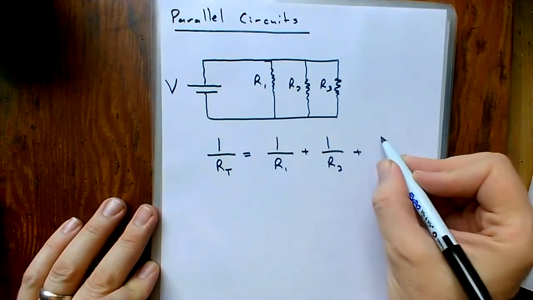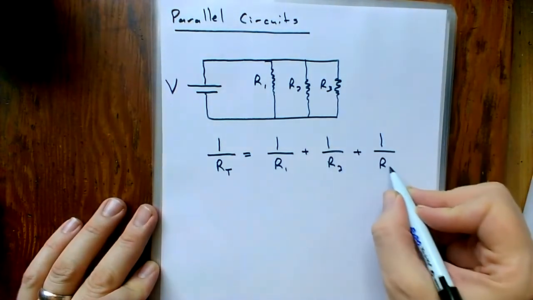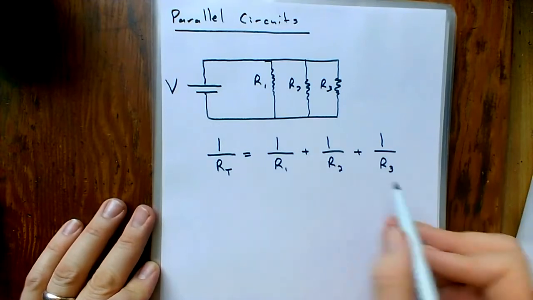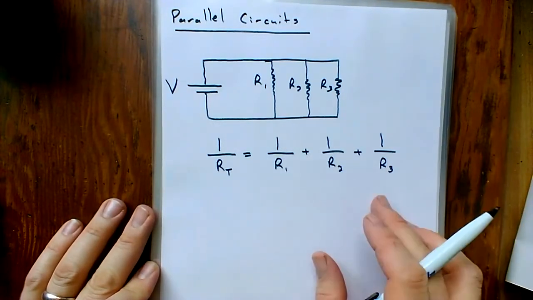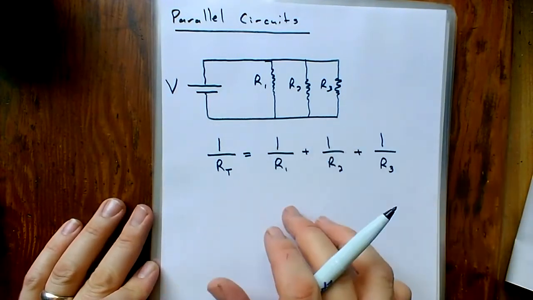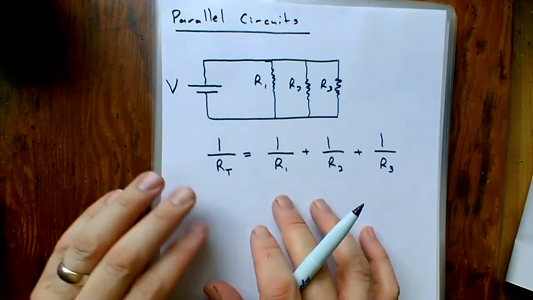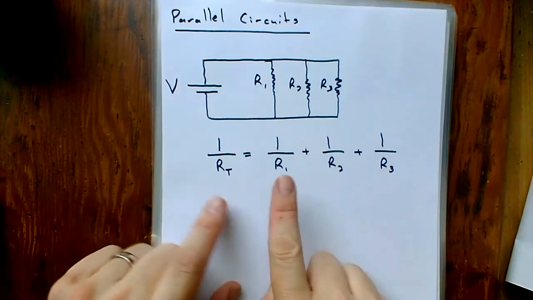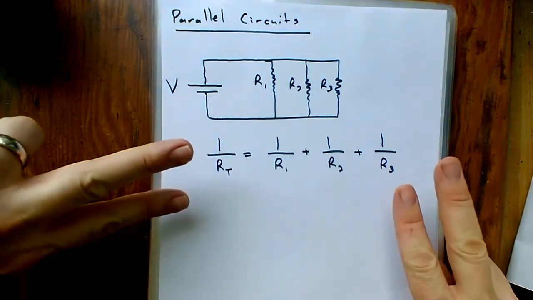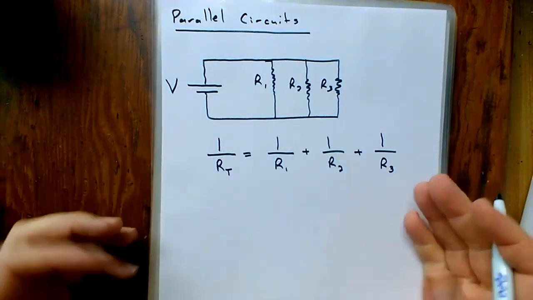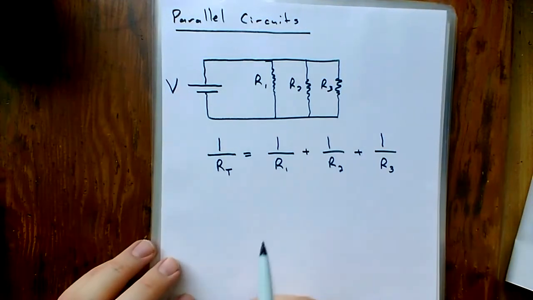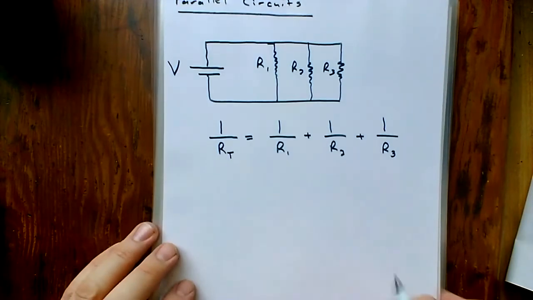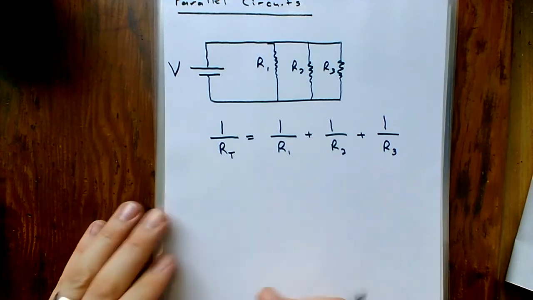So this is why it's important to remember how to deal with fractions. When you're done adding these, you just take the reciprocal of the result and you'll be fine. So say I have a circuit like this.